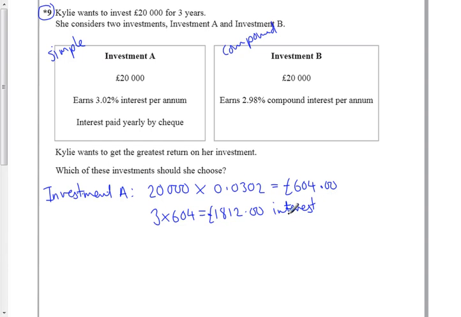Okay, so that's how much she gets. Or the total, she gets the £20,000 plus that, so she's going to get £21,812 overall.